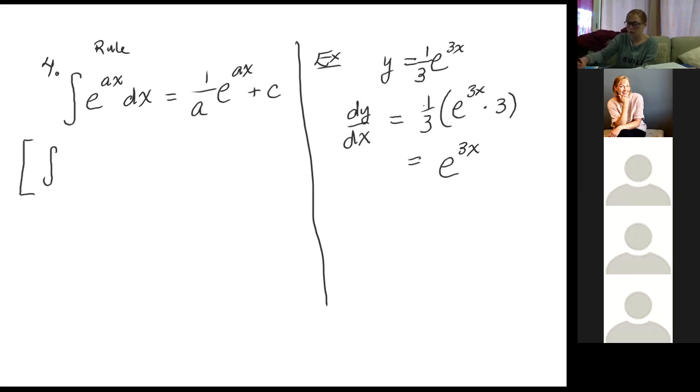If you happen to have the antiderivative of just e to the x with respect to x, then the a value is 1. Therefore, just like the derivative of e to the x is e to the x, the antiderivative of e to the x is just e to the x, plus the c term, of course. Okay, questions on that?